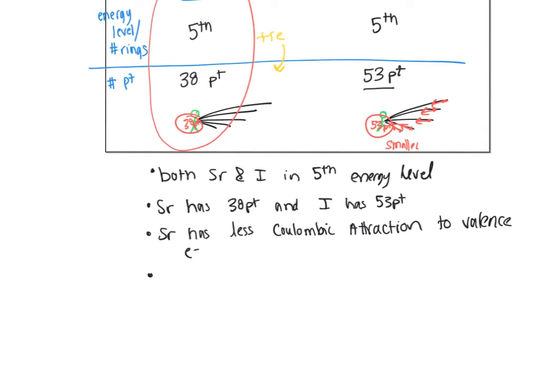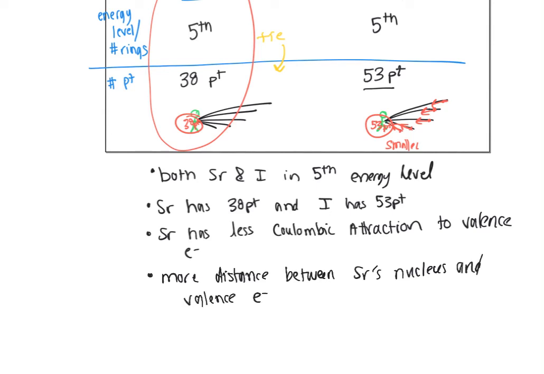Therefore, more distance between Sr's nucleus and valence electrons, which means larger atom, which means bigger atomic radius.